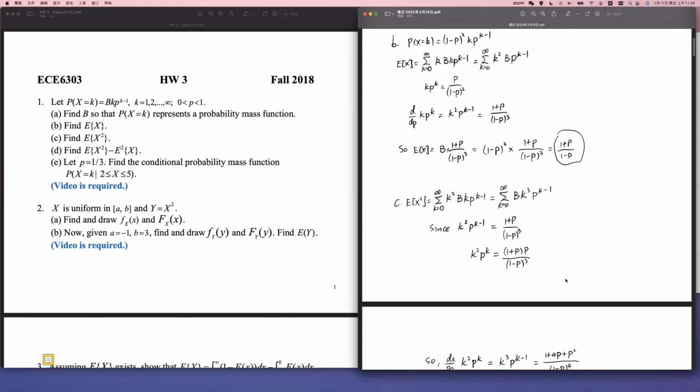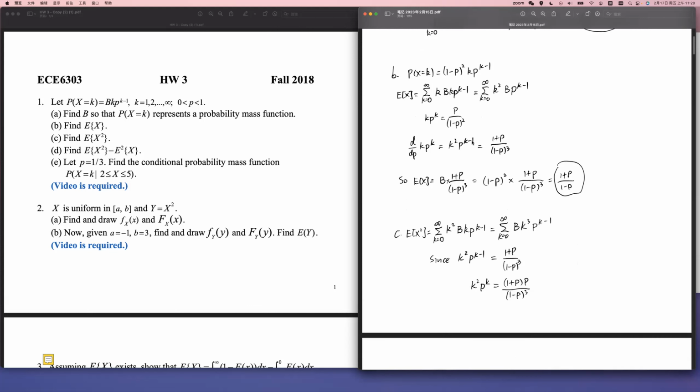And similarly for part C, which asks for the expected value of x squared. It's built on part B, where we multiply by one more k. So it's k squared times b times p to the power of k minus 1 instead of only one k.